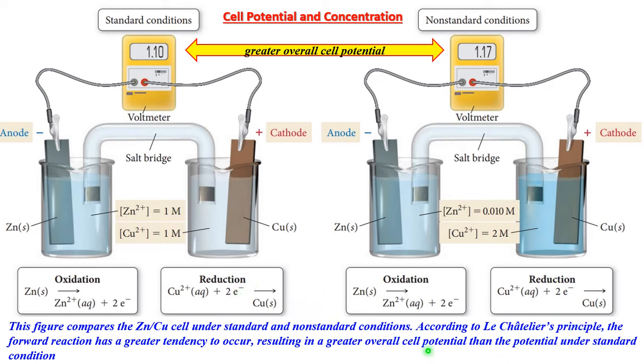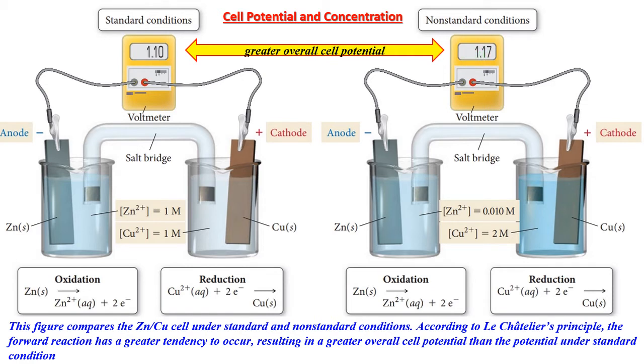According to Le Chatelier principle, the forward reaction has a greater tendency to occur, resulting in a greater overall cell potential. Why is it so? Because you have a smaller concentration of zinc in solution, so it will be easier to put more zinc 2 plus ions. There will be a large concentration of Cu 2 plus in solution, so it will be easier to deposit this copper on the surface. As a result, again, the overall cell potential is a larger number.